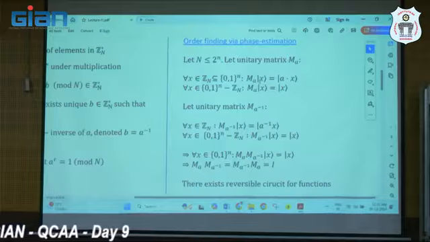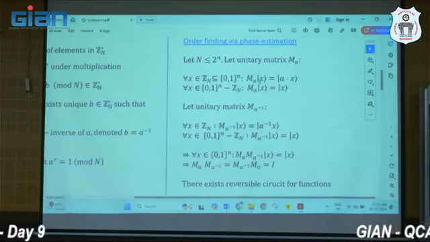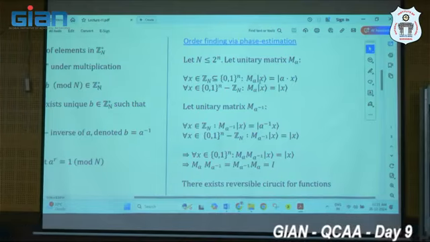Now, remember our discussion about reversible circuits. What did it tell us?